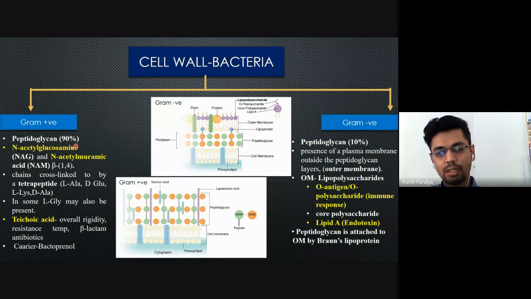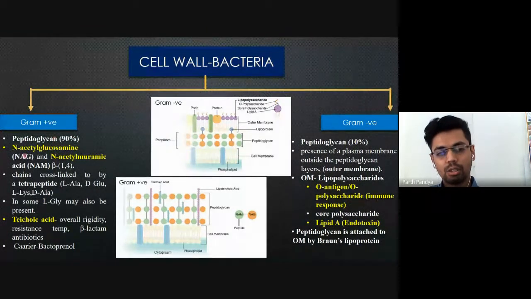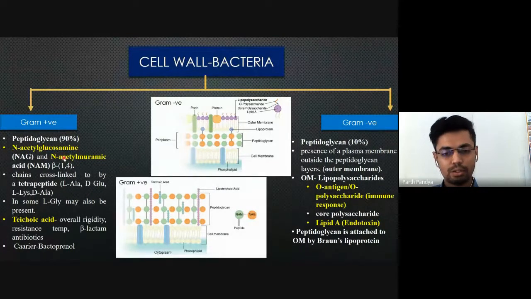Around 90% of the cell wall is made up of peptidoglycan, and in peptidoglycan we have NAG and NAM residues, also called N-acetylglucosamine and N-acetylmuramic acid, which are linked to each other with the help of a 1,4-beta linkage.